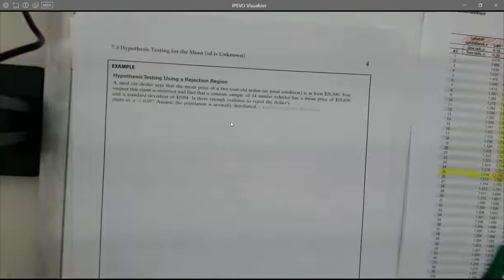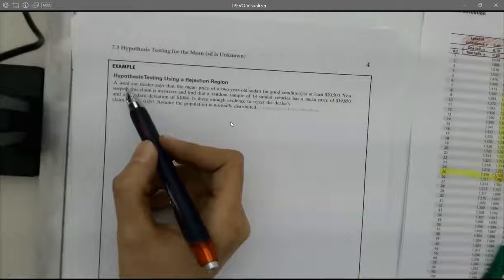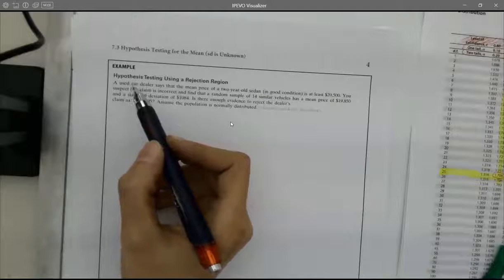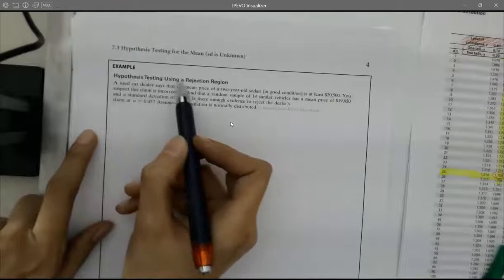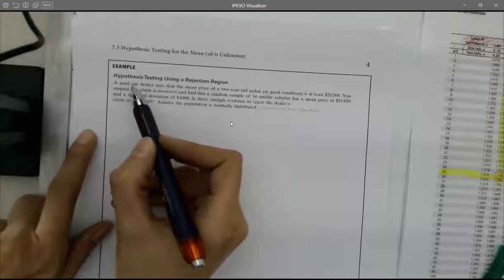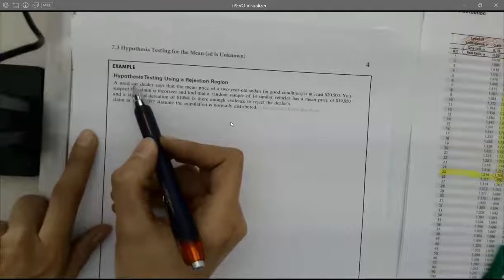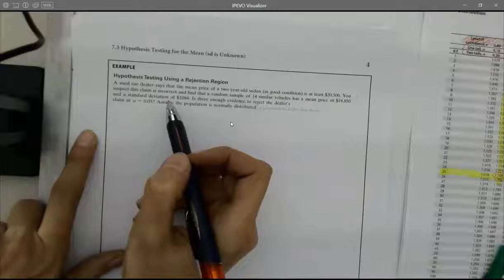Example. Hypothesis testing using a rejection region. Let us read this carefully. You know that we stop at each number and we try to analyze that number.